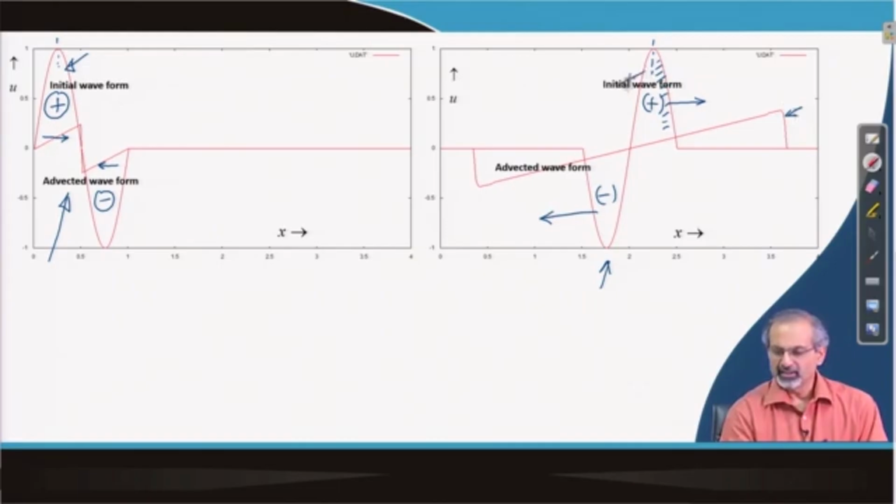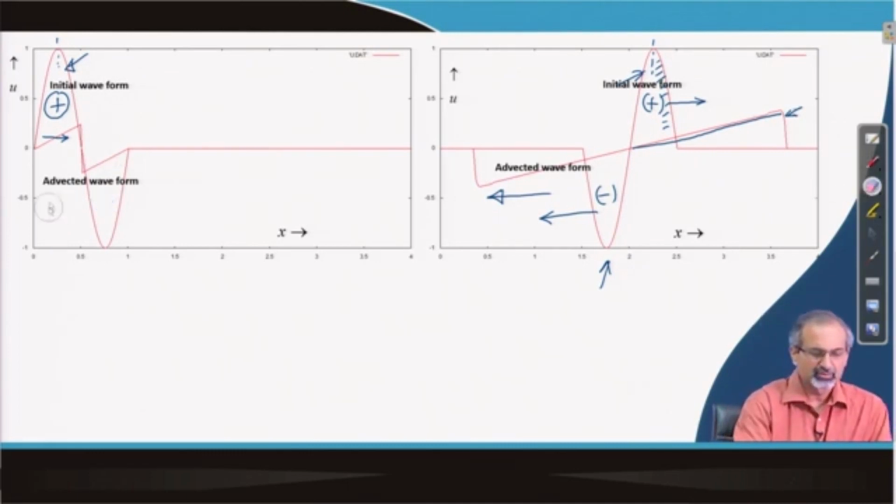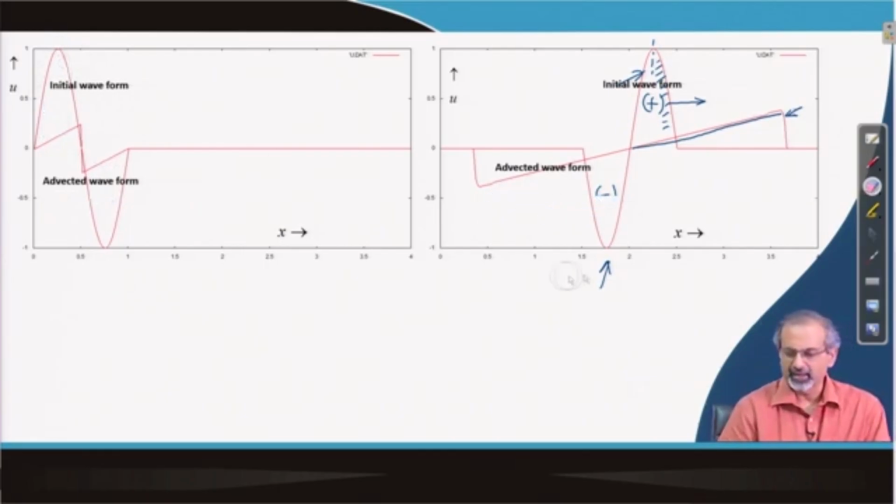While the ones which are left behind move slower, therefore there is a kind of expansive nature here. So, there is a discontinuity and an expansive nature hand in hand. Same thing happens to the negative velocity region, where the feature moves towards the left, again with a shock and an expansion. So, these are very interesting test cases, where with the concept of characteristics now, hopefully you should be in a better position to analyze the situation.